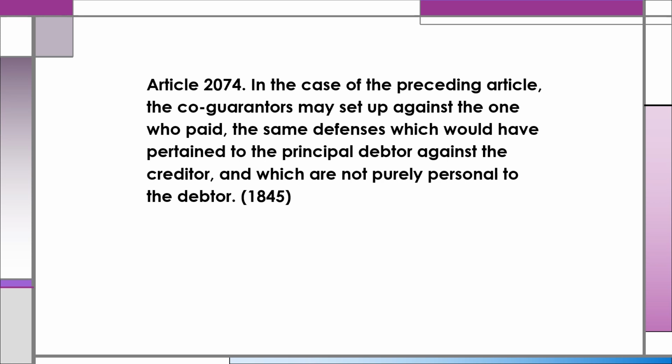So, for example, the defenses of payment, that the debtor had already paid the creditor, or fraud, or prescription, remission, illegality, and other defenses that are inherent in the obligation, but not personal defenses like minority.